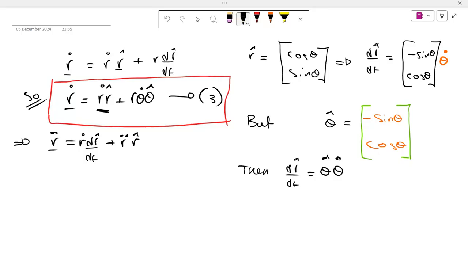So that's that bit differentiated there.